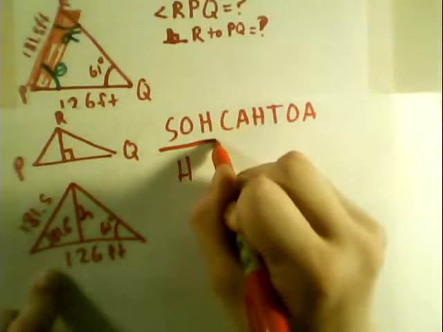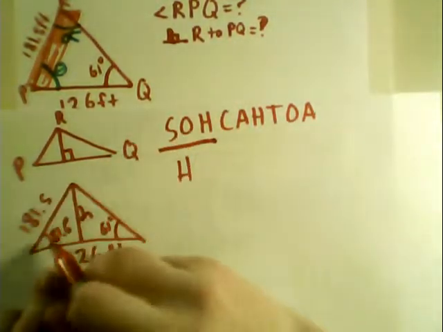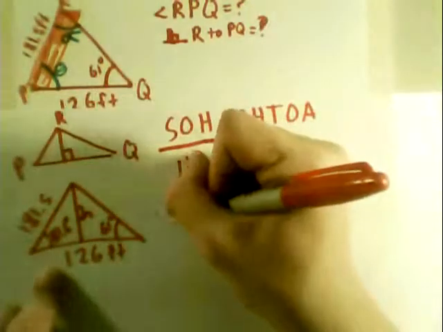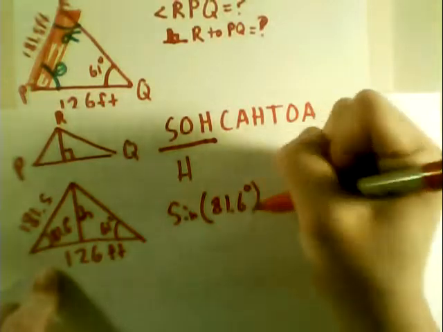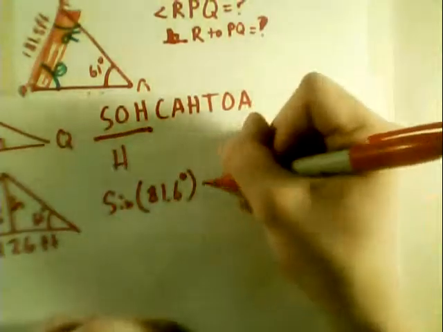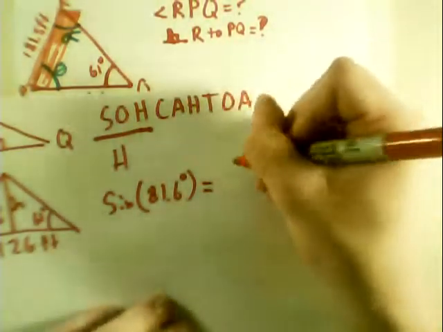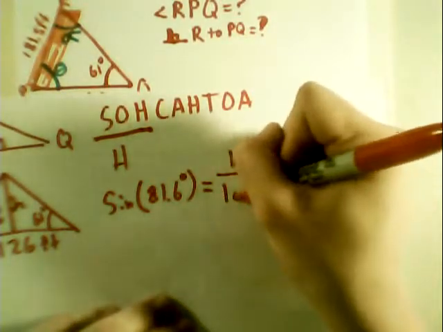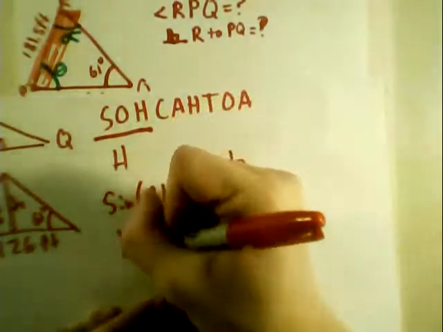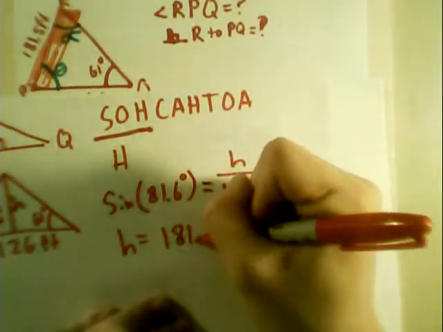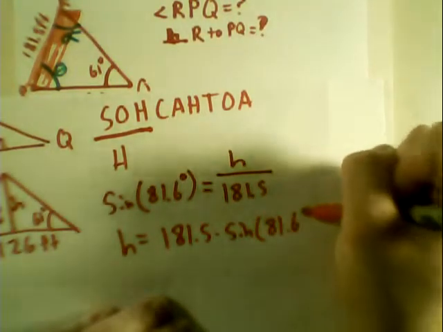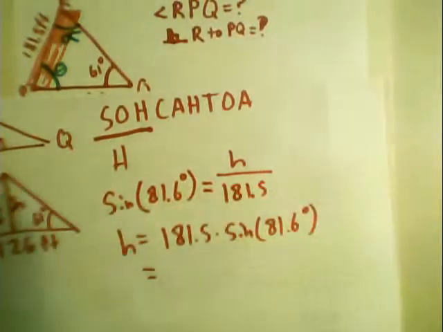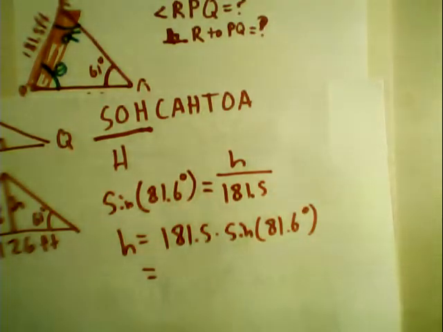So let's use sine because it's opposite the angle and is the hypotenuse. So sine of 81.6 degrees equals our opposite angle, which is h, over the hypotenuse. Solve for h. And plug that in your calculator, find out what it is.